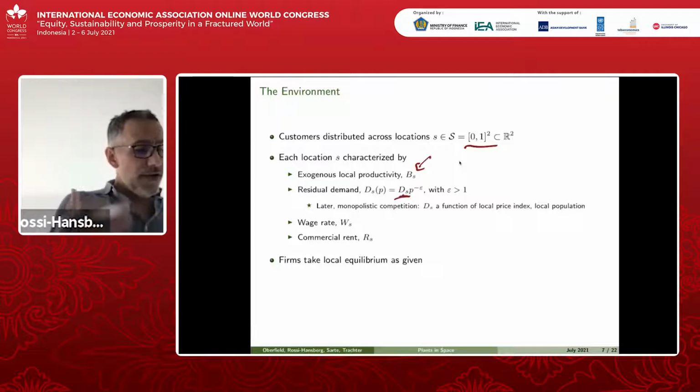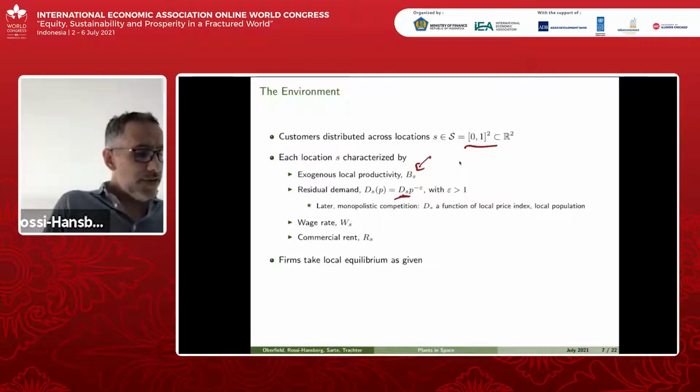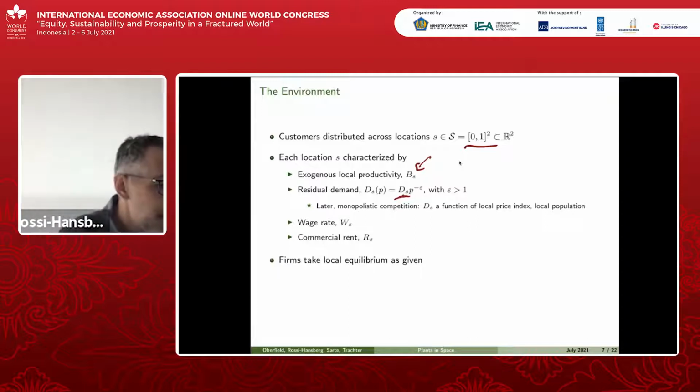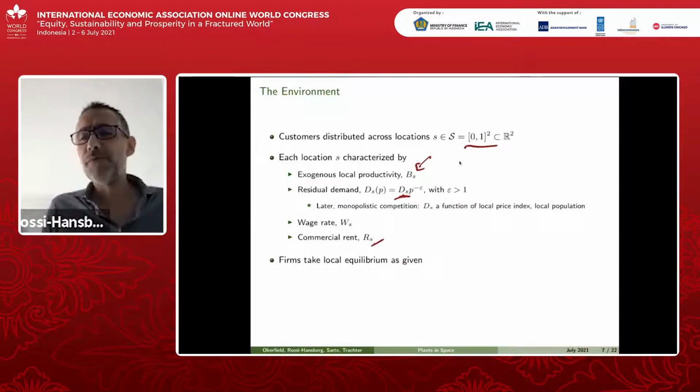And then we're going to think about a constant elasticity, where the elasticity is governed by this parameter epsilon. Then there's a local wage at which local plants can hire workers, which is W_S, and a commercial rent that the firm has to pay in order to rent space to set up plants, that is given by R_S.